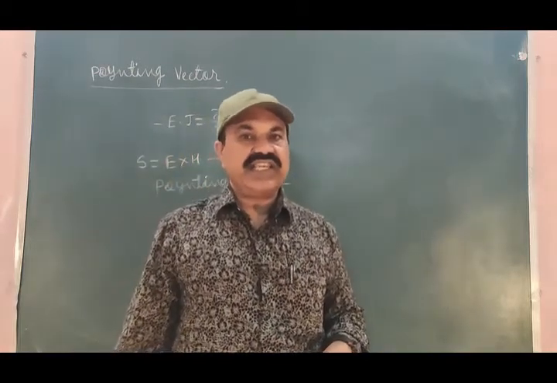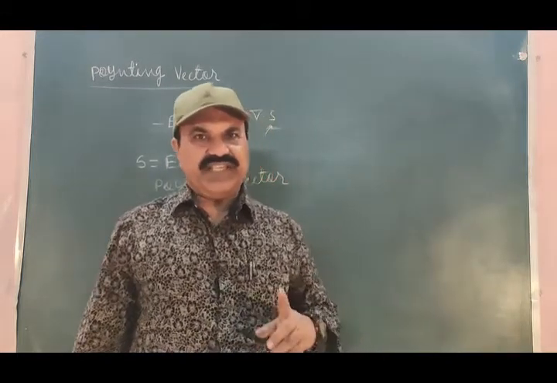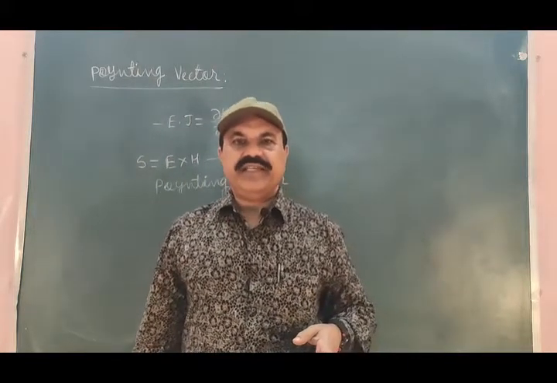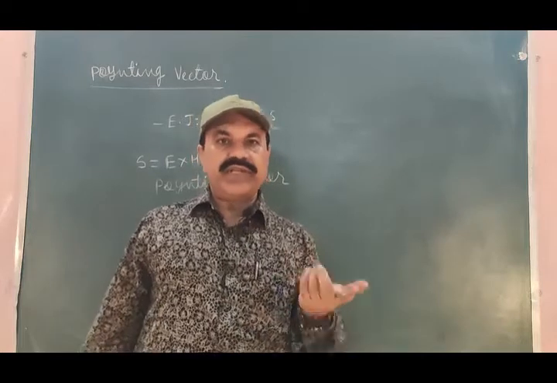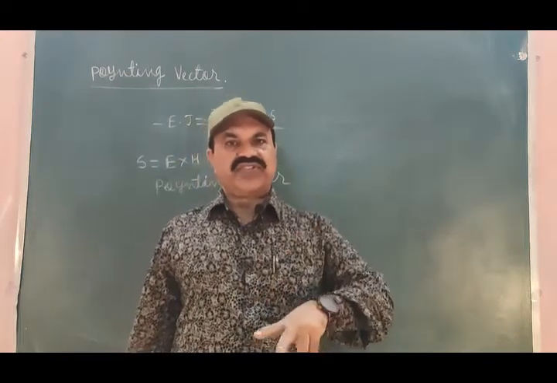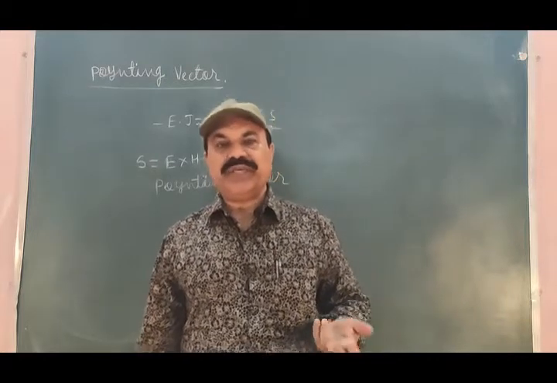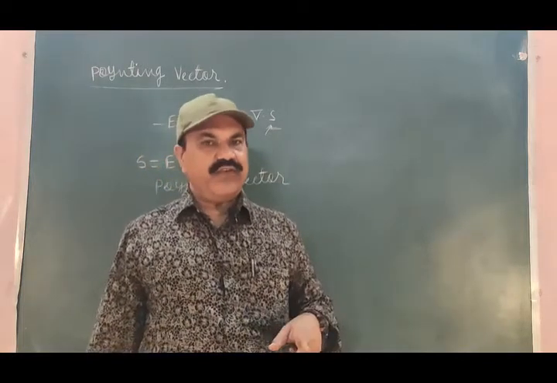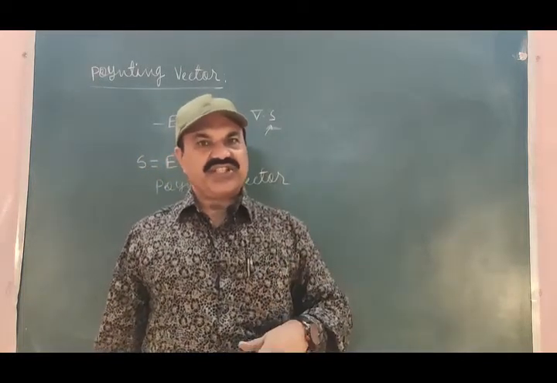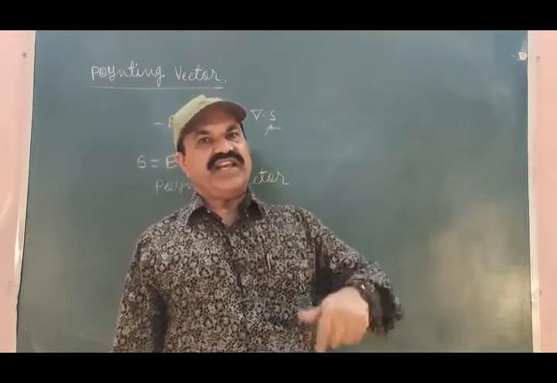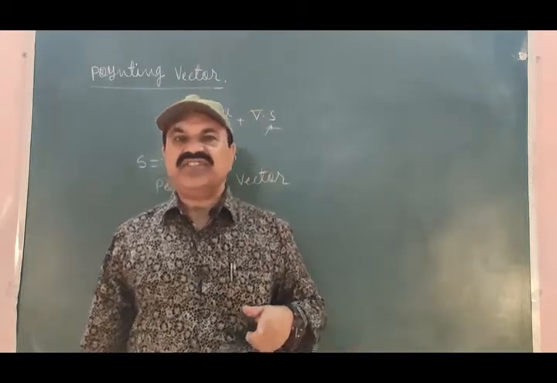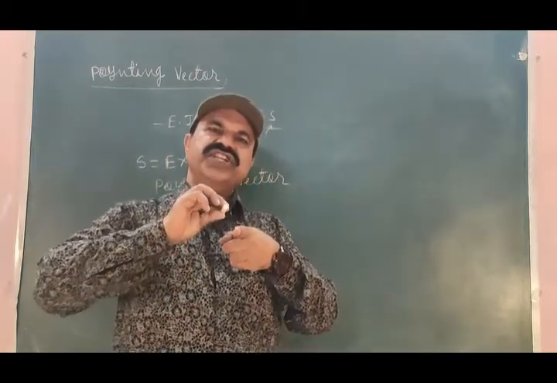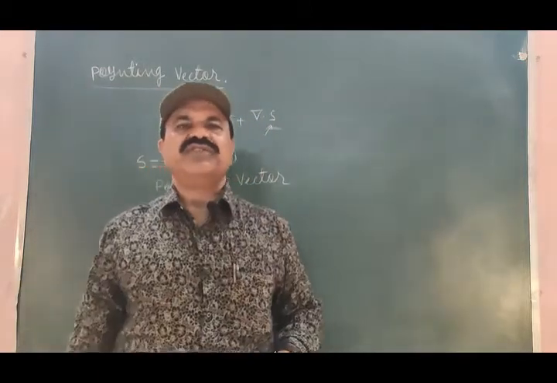It means that the cross product of E and H is perpendicular to E and H. Cross product of two vectors is always perpendicular to the plane containing the two vectors, and therefore the vector E cross H is perpendicular to the vectors E and H. It means that the vector E cross H is in the direction of propagation of light energy.